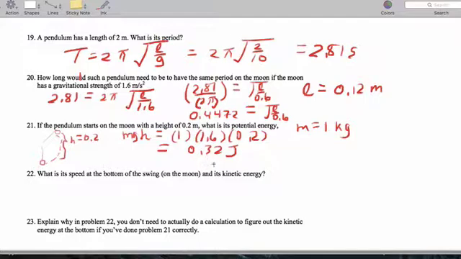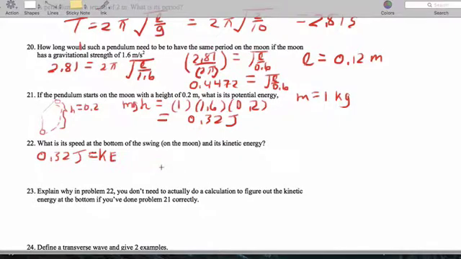And then we want to know its kinetic energy at the bottom of the swing. That's going to be 0.32 joules of kinetic energy because of conservation of energy. And then the speed: m g h equals 1/2 m v squared. So g is 1.6, height is 0.2 equals v squared over 2.